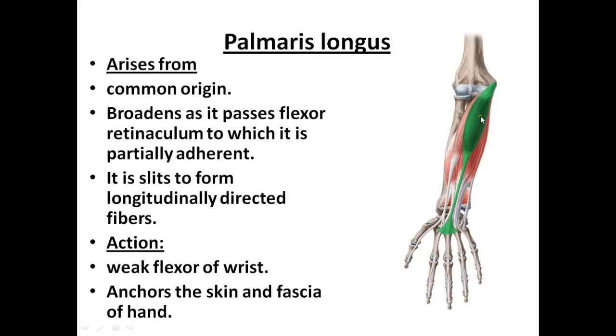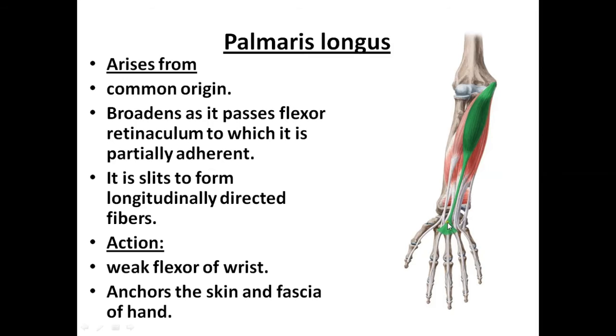It arises again from the common flexor origin from the medial epicondyle of the humerus, broadens out in the upper part, and then tapers down into a tendon, attaching in a triangular structure that splits into small extensions to attach to the skin.